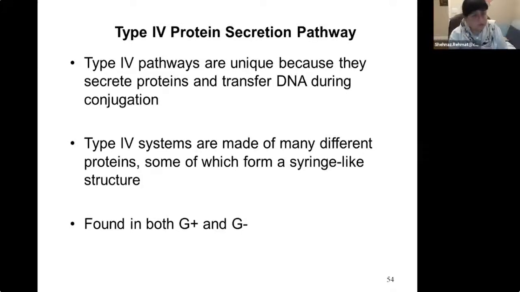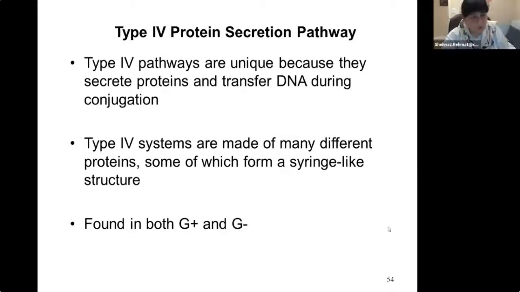So it has to cross the plasma membrane of the donor, the outer membrane of the donor, the outer membrane of the recipient and the plasma membrane. All these membranes have to be crossed if the DNA is to be transferred during conjugation. So the type 4 system is unique, used for DNA transfer during conjugation.